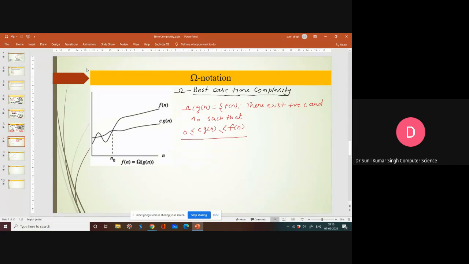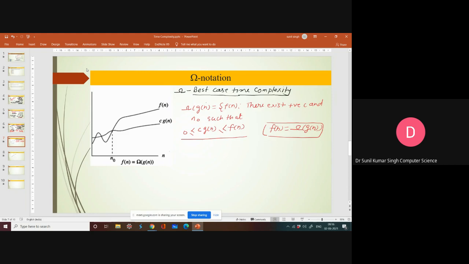If it is holding the condition like this, then we can write f(n) is equal to big omega of g(n).